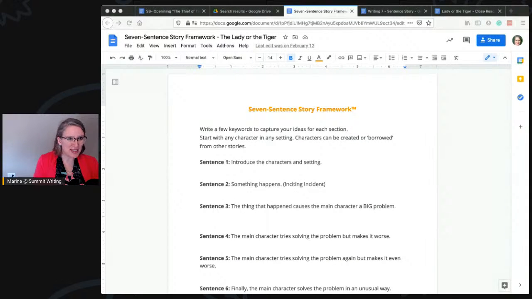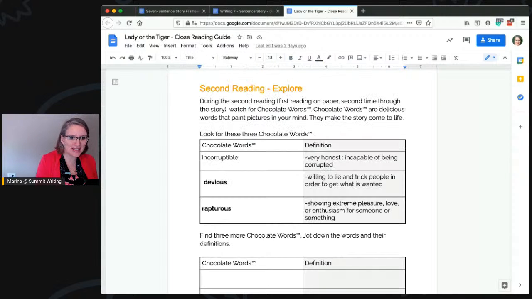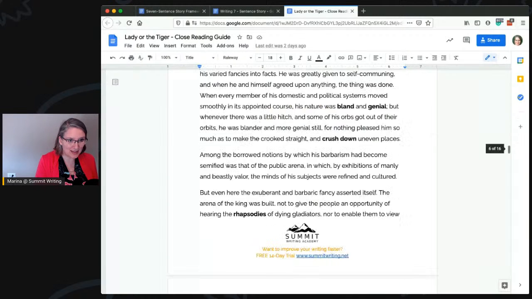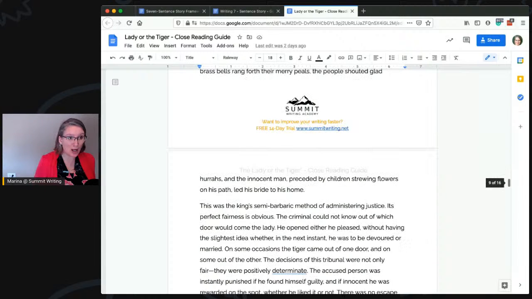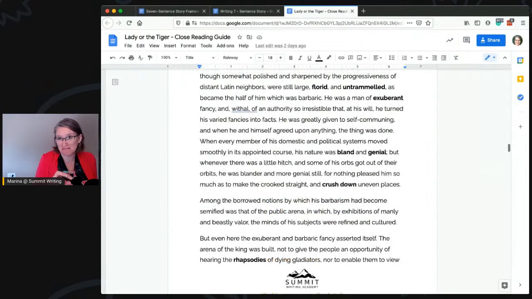So the first thing we're going to do is introduce the characters and the setting. Now, who is in this story, the lady or the tiger? Who is in the story? If you have a copy of the Close Reading Guide, it has the story and we can skim it. We're going to do a lot of skimming when we write our 7-sentence story.